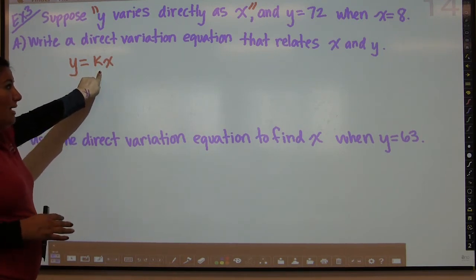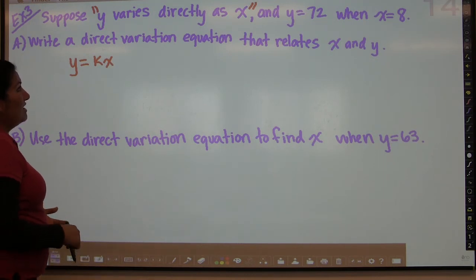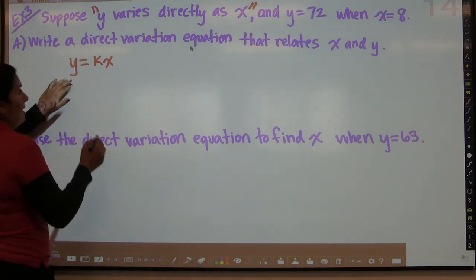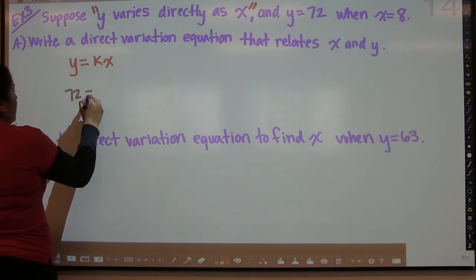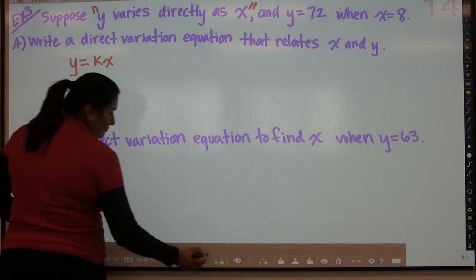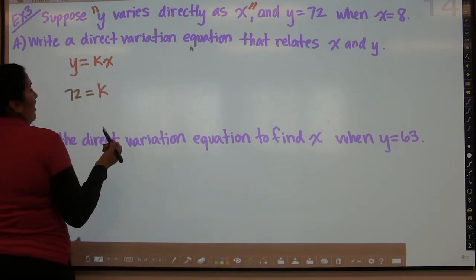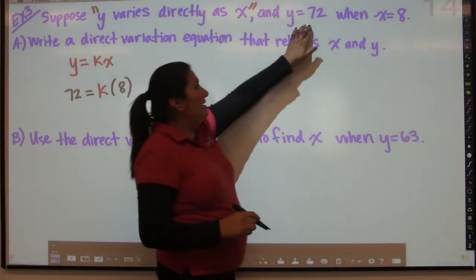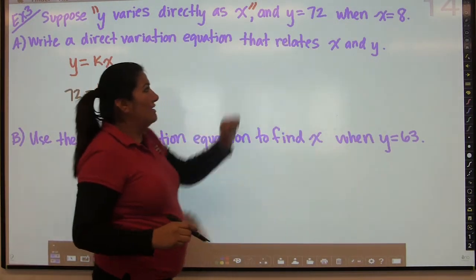And I don't know what k is, but I can solve for k because they've told me that y is 72. So in the place of y, I'm going to put 72. I don't know what k is. That's what I'm trying to solve for. And in the place of x, I'm going to put 8, because they've told me that when x is 8, y is 72.